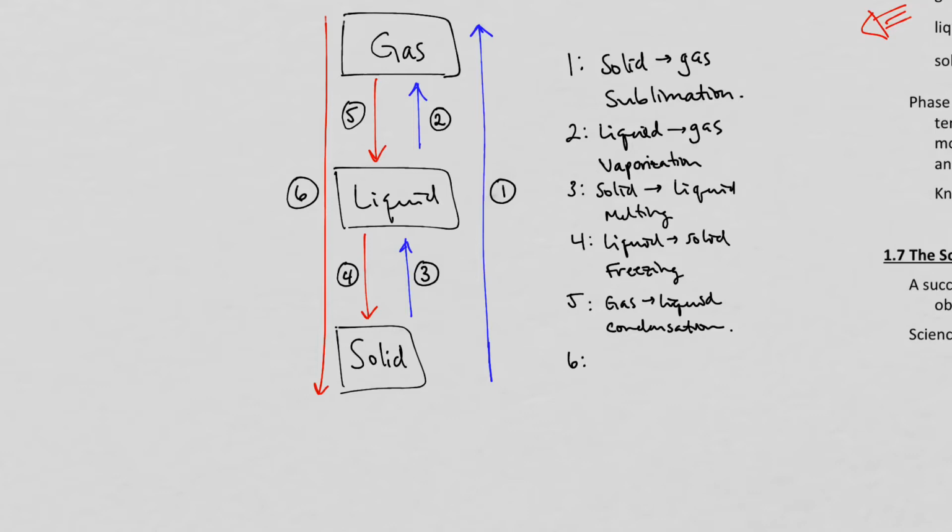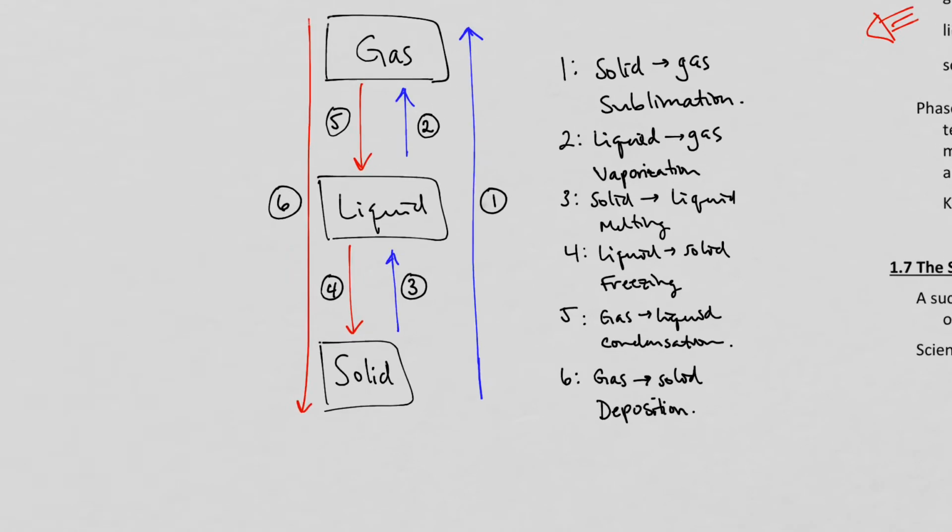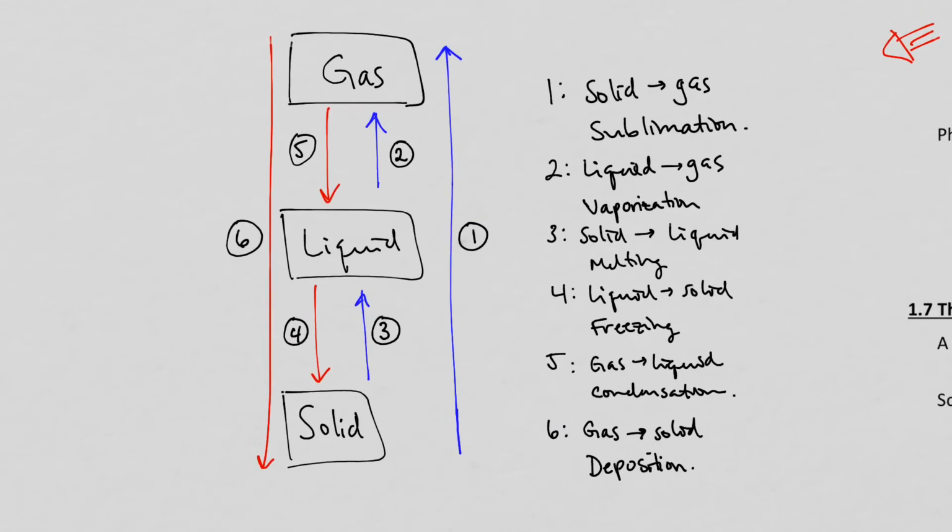And gas to solid is known as deposition. So, leave that there for a few seconds so you can write it down. Feel free to pause the video also if you need more time.